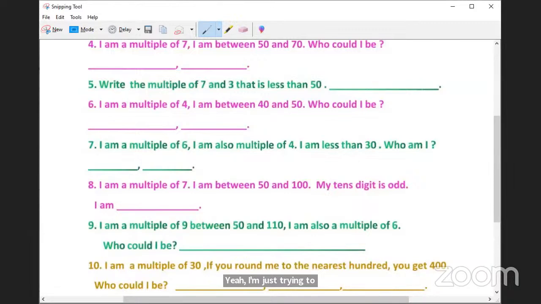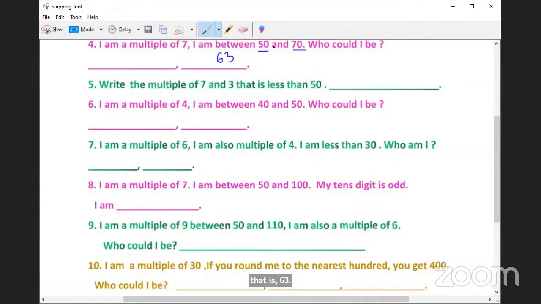I'm a multiple of 7 and I'm between 50 and 70. Who could I be? So what are the numbers in the table of 7 greater than 50? I have one number that is 63, and it's in between.